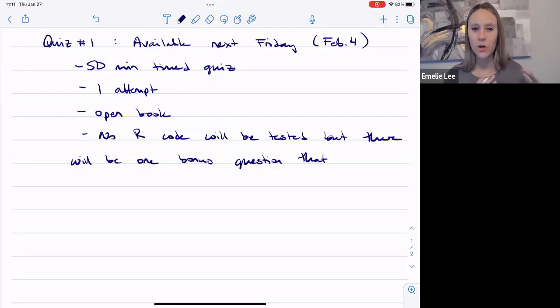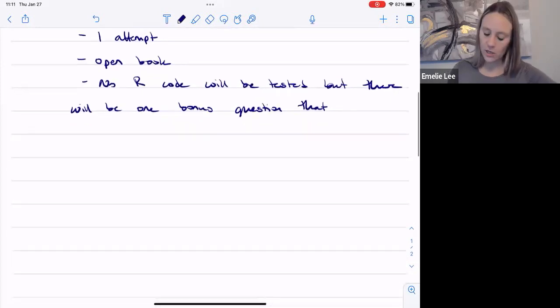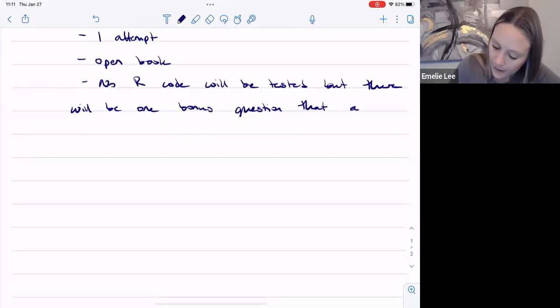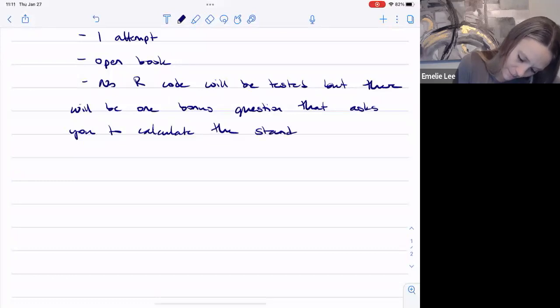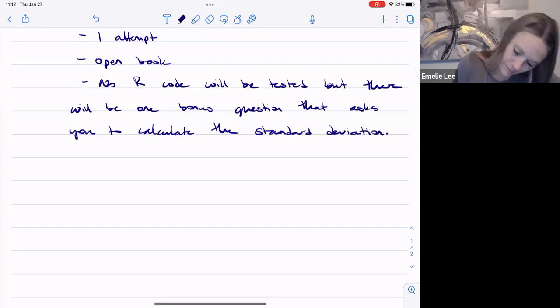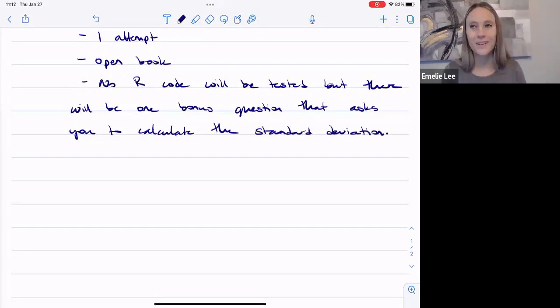Okay, so no R code will be tested, but there is one bonus question that asks you to calculate the standard deviation where software might be useful, right? You don't have to, you could do it by hand, but it's going to be quite a large data set, so that wouldn't be very fun. Okay.